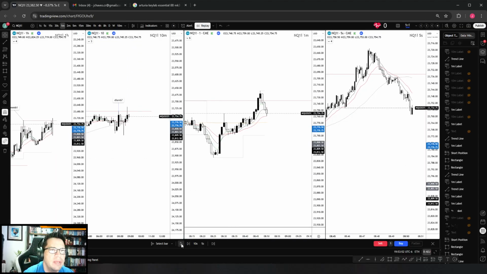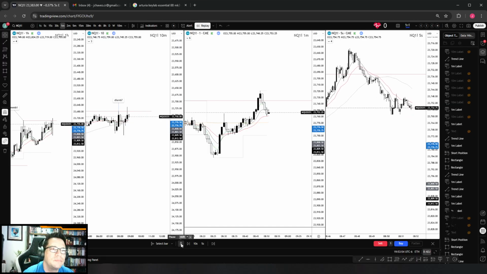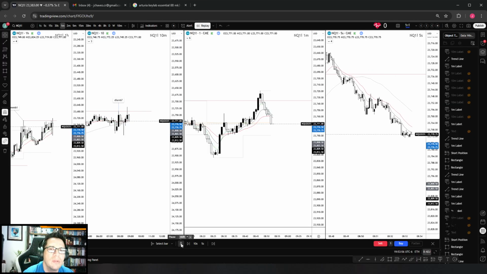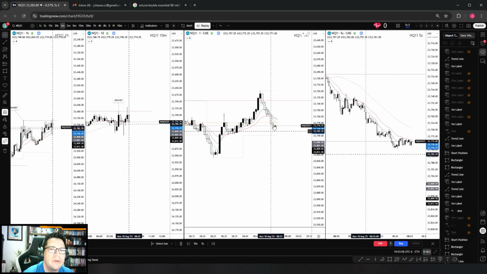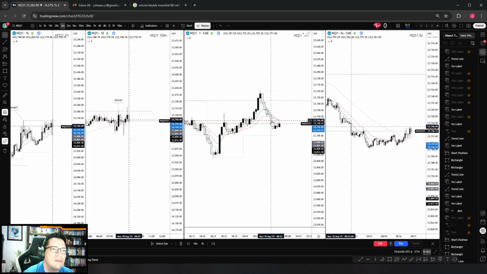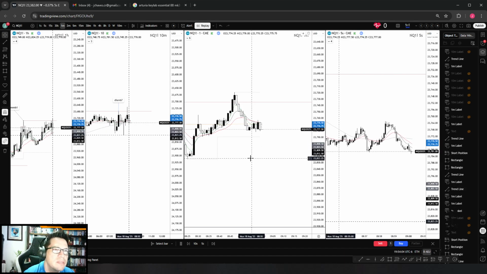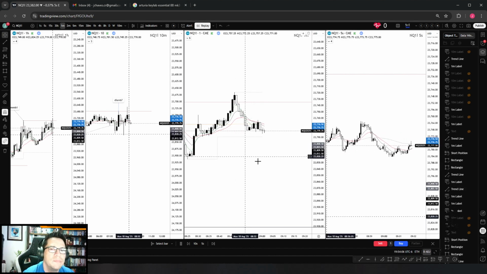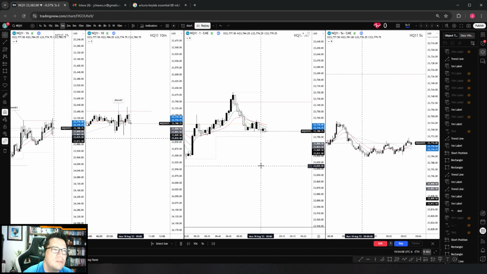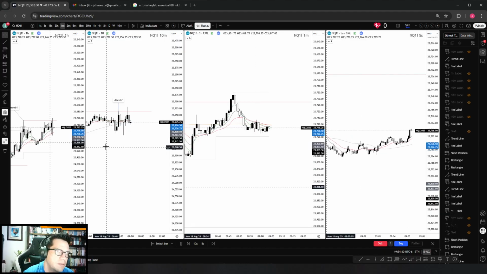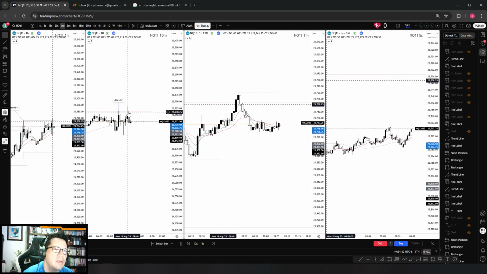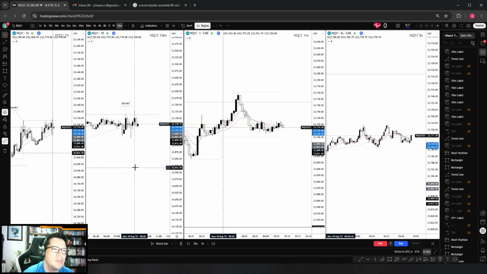So let's wait for that. And in this case, it seems we're having a failure here on the validation with price closing below the EMAs. So nothing there actually to consider. So let's follow that here on our context time frame to see how that develops.